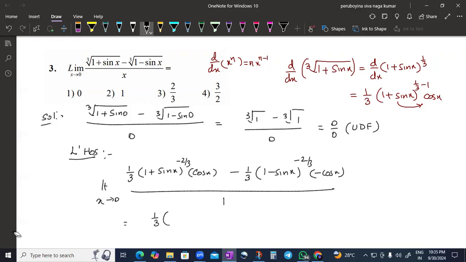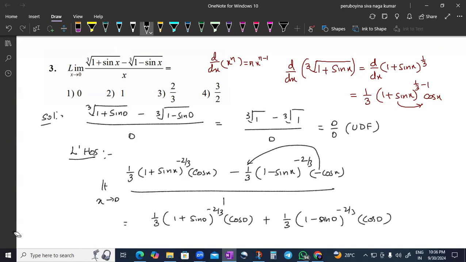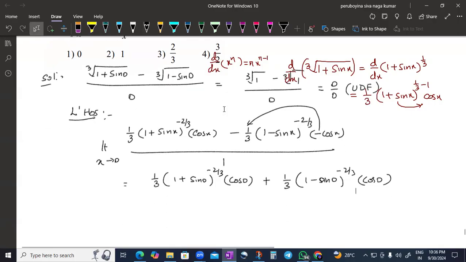So 1 by 3 (1 plus sine 0) power minus 2 by 3 into cos 0, minus of minus is plus, 1 by 3 of (1 minus sine 0) power minus 2 by 3 into cos 0. So therefore, sine 0 is 0 and cos 0 is 1.